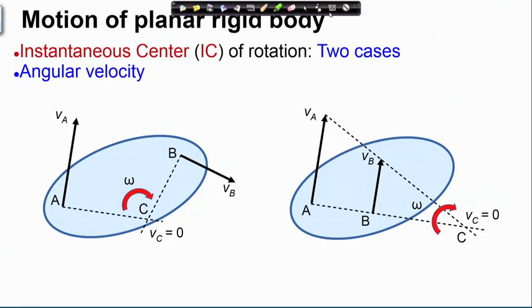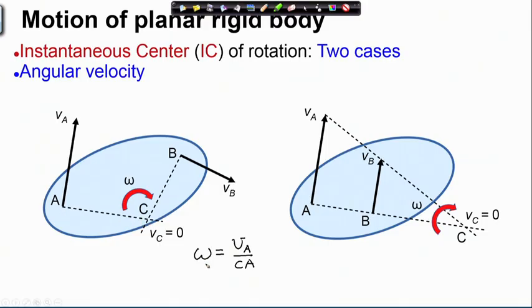Now, how do I define angular velocity? Angular velocity is defined as V a by C a. So, the C a is the radius vector.